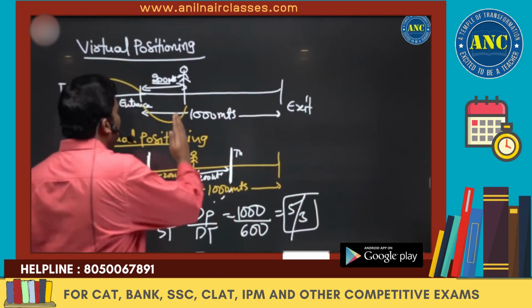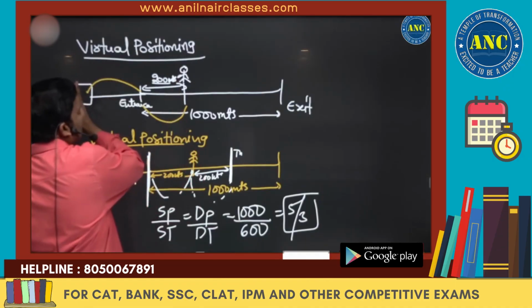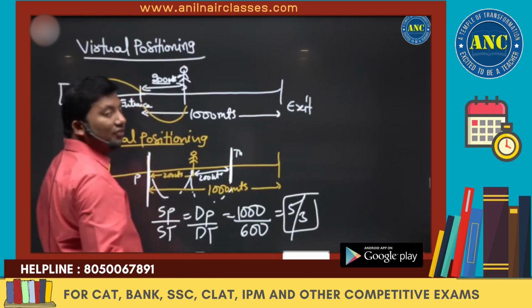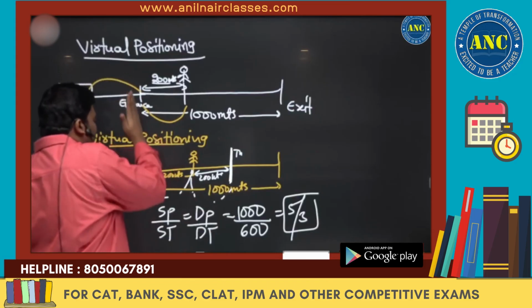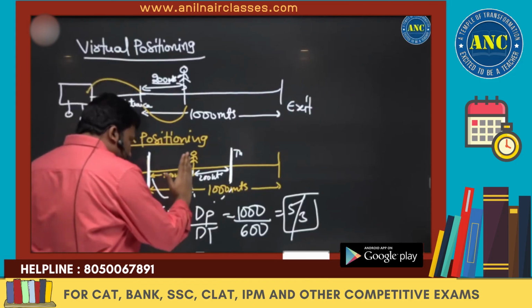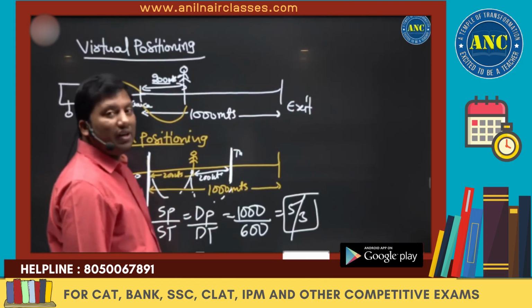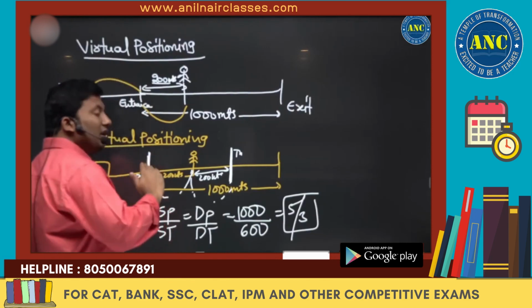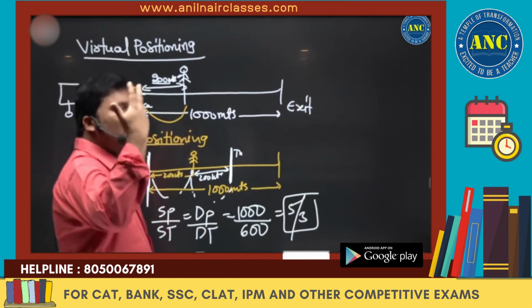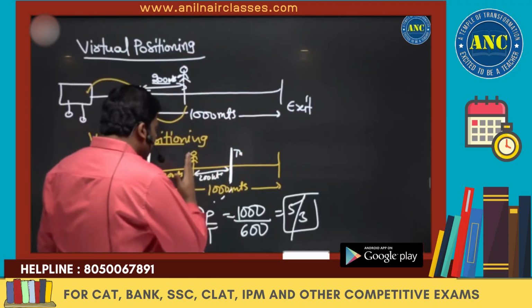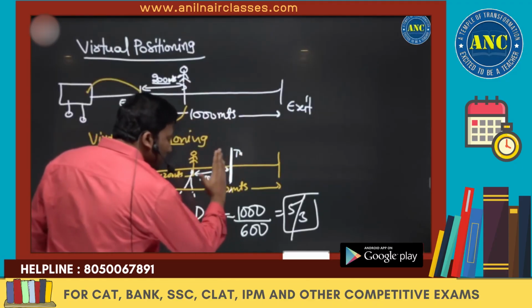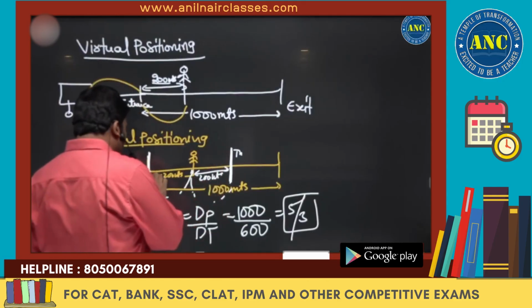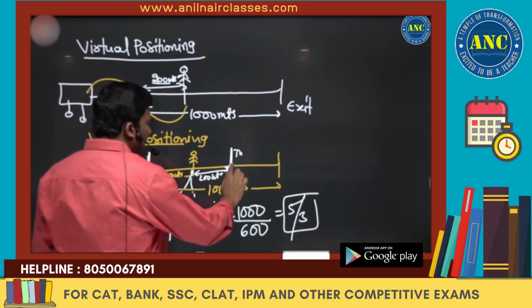Again, I am explaining. The thief is here, the police are here. The police can catch the thief at the entrance. By the time the police reach the entrance, if the thief also comes there, the police will catch hold of the thief. Imagine at that point of time, unreal positioning: what will happen if he goes backwards. If he goes backwards, the police are here and the thief is here.